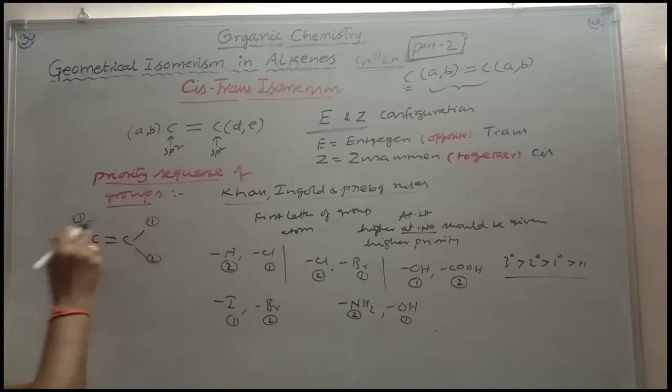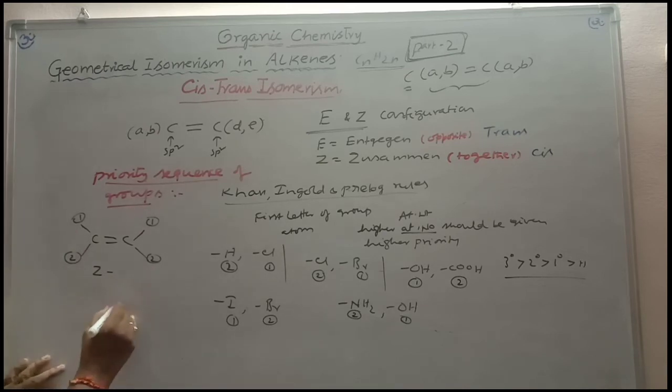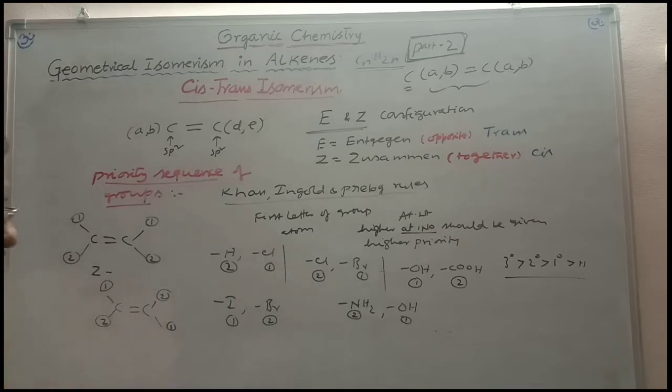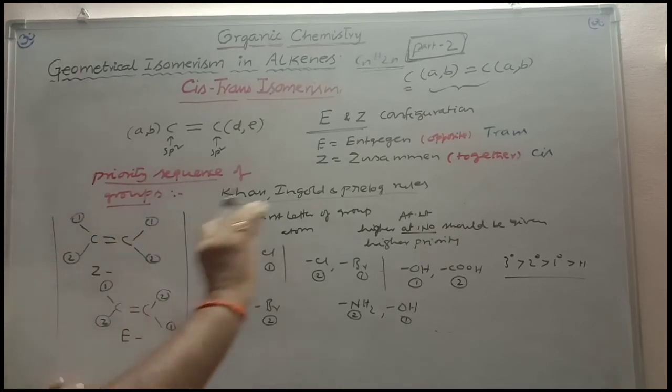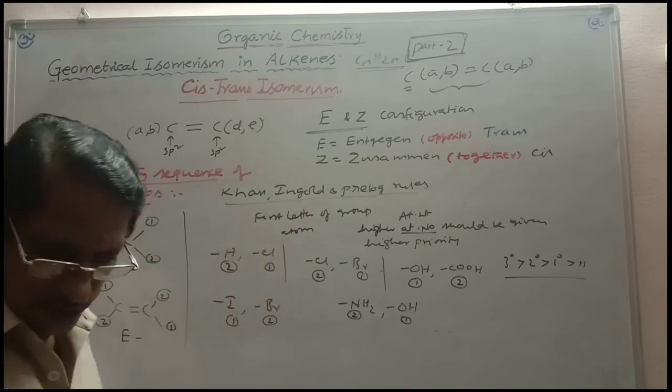This is the cis isomer, and so it is called Z configuration. On the other hand, if you take C double bond C with first priority here and first priority on the opposite side, with the second priorities opposite as well, the higher priority groups are on opposite sides, so it is trans, that means E. This is how you establish the EZ configuration for all groups.